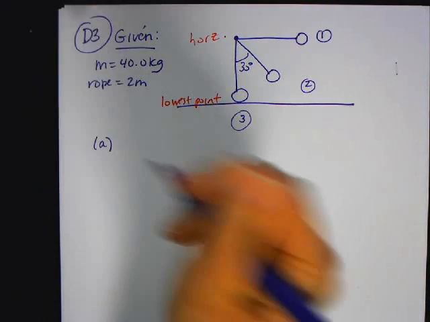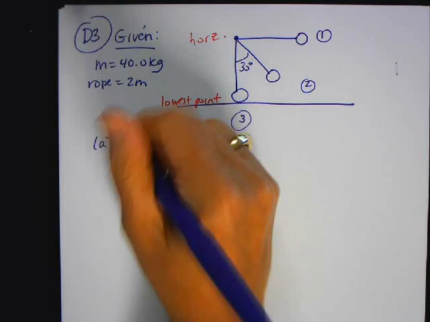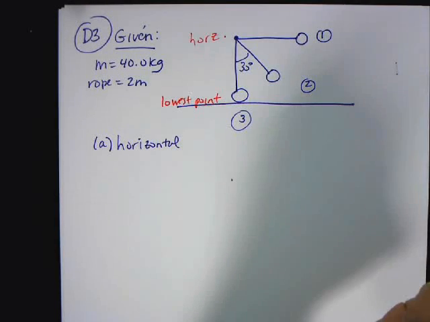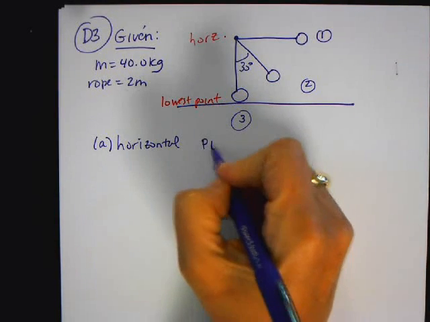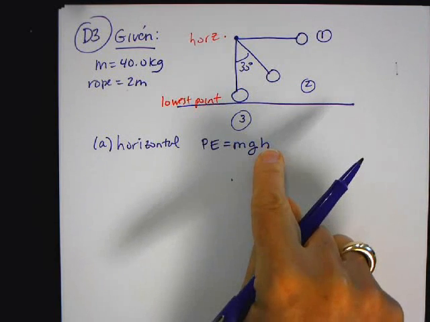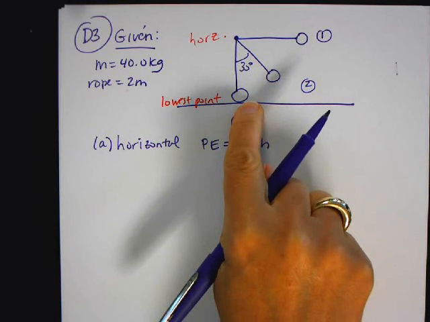So for part A, it says when it's horizontal. Find the potential energy. We know potential energy is mass times gravity times height. Remember, the height is measured from our frame of reference, which in this case is the ground.